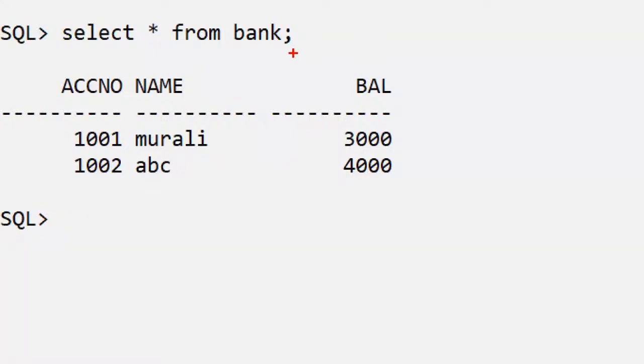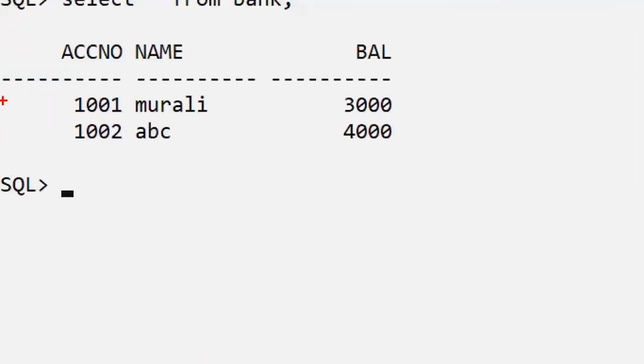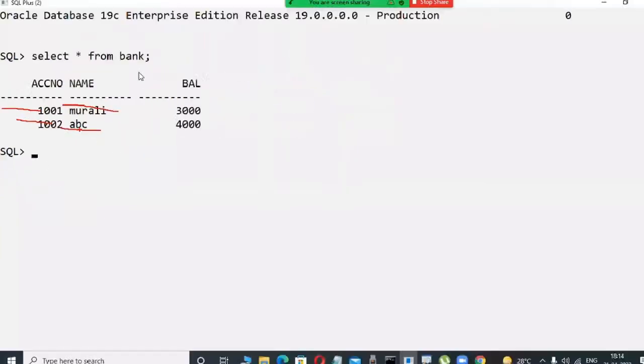Suppose this is SBI bank, and this is the data. Observe here, these are columns: account number, name, and balance. These are called columns. Here, 1001 and so on, these are called rows or data.